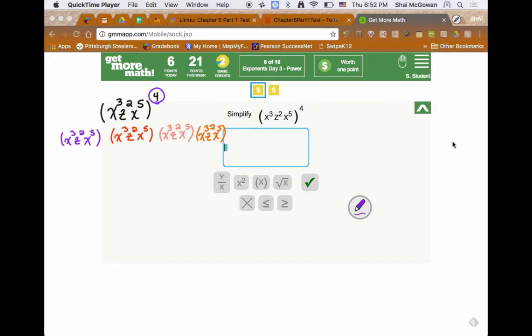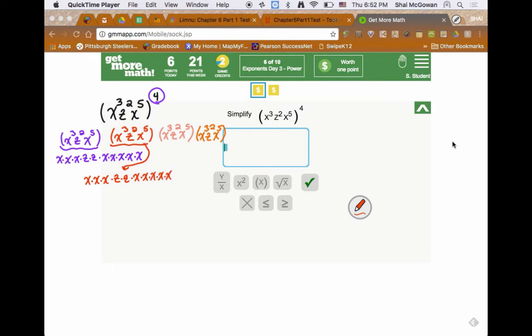So for the first one here, you're going to have x times x times x times z, and then times x times x times x times x times x. So that's the first expansion. Now let's do the second one. I'm going to put it down here. So we have x times x times x times z again times x times x times x times x times x.